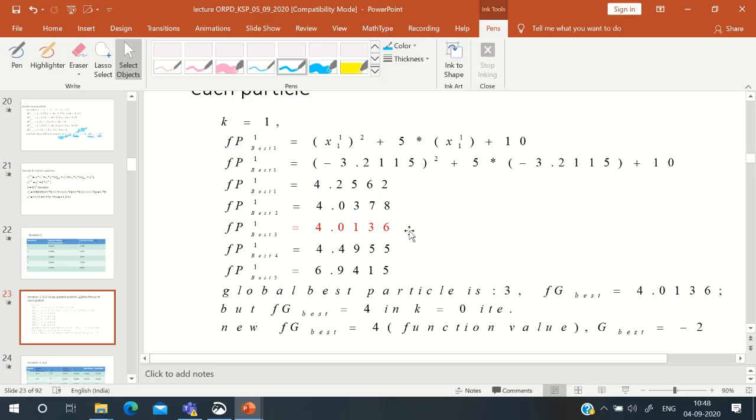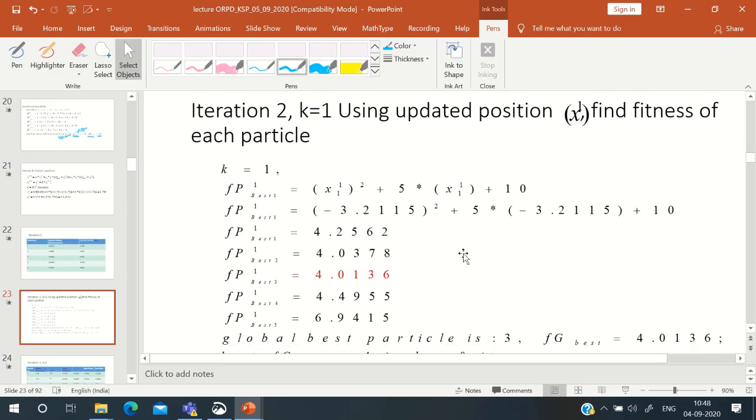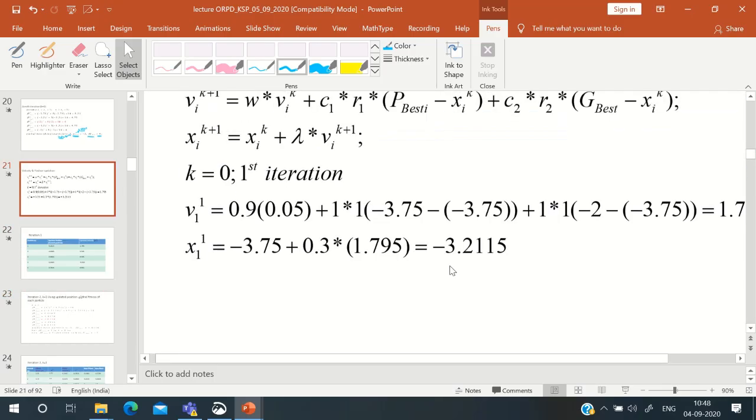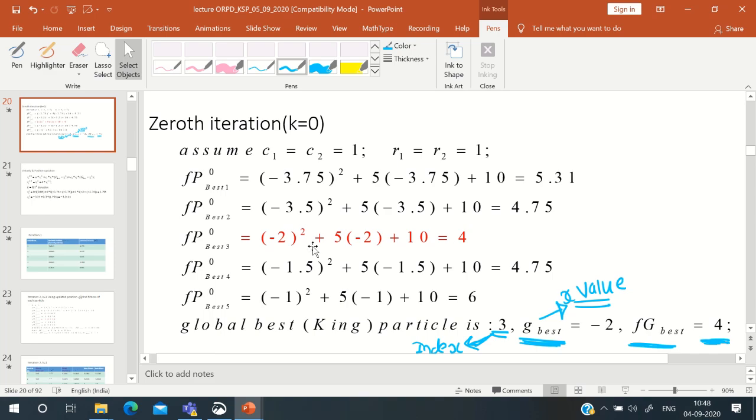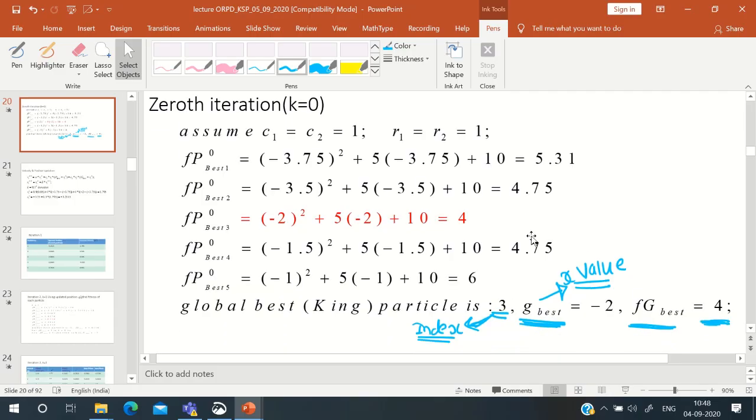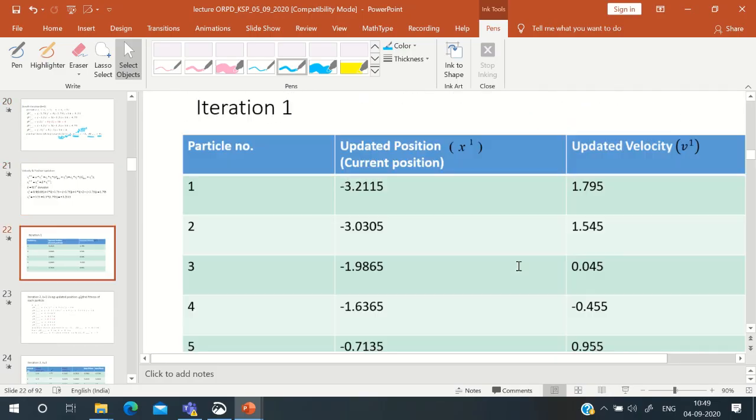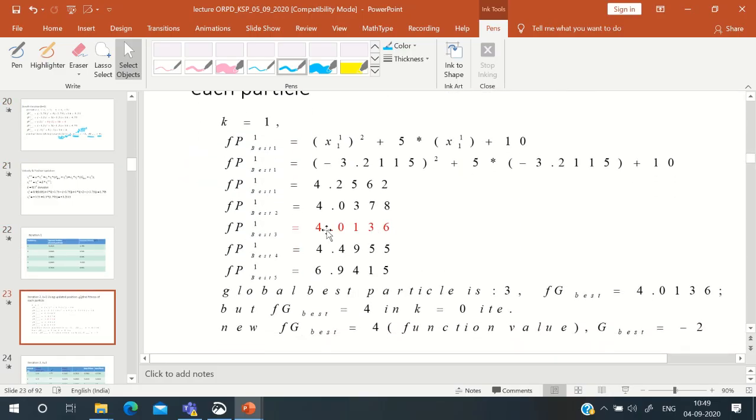So what is our conclusion? What is the g best particle at the end of the first iteration? The g best particle should be this one, because it still holds the minimum value of the objective function, that is 4. So in the subsequent iteration, this particle will act as the global best particle, and not the one we obtained in the first iteration.